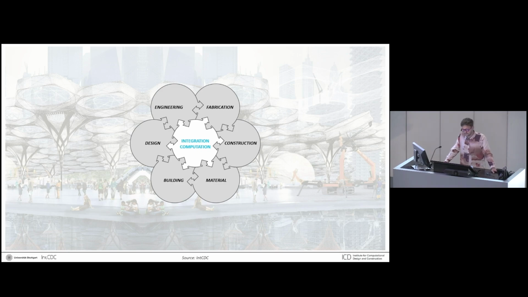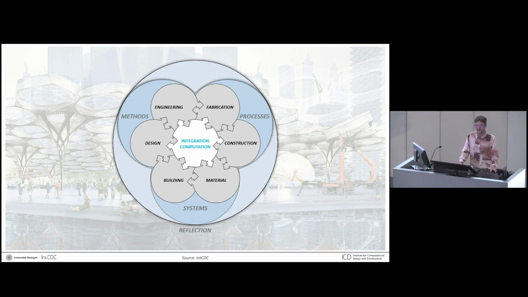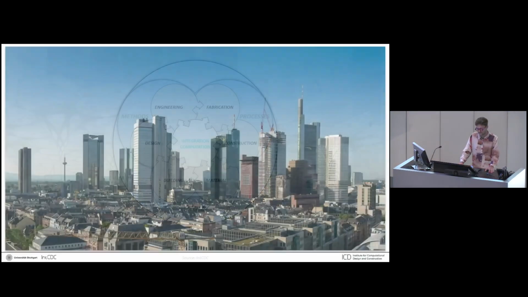More specifically, we aim to develop fundamental computational methods for integrative design and construction based on continuous and multi-directional feedback between these different disciplines that are in our cluster. And this we do through the development of computational design and engineering methods, cyber-physical robotic fabrication and construction processes, truly digital material and building systems, and we also aim to reflect on this at the environmental, sociocultural, and ethical levels.